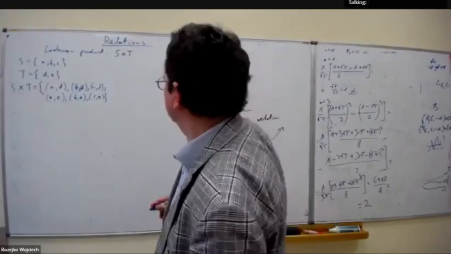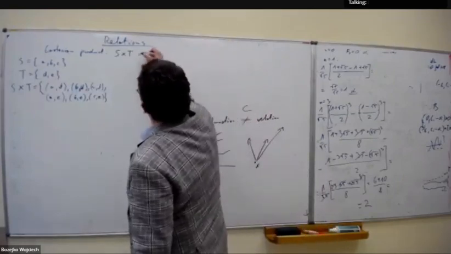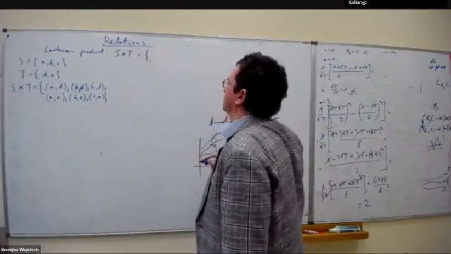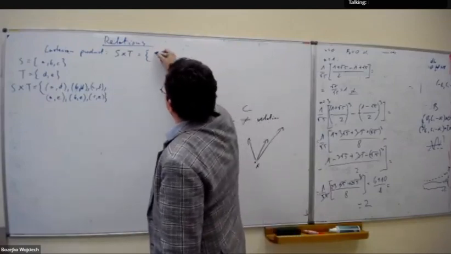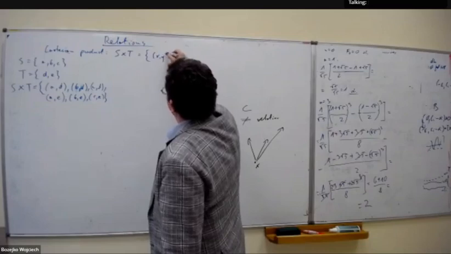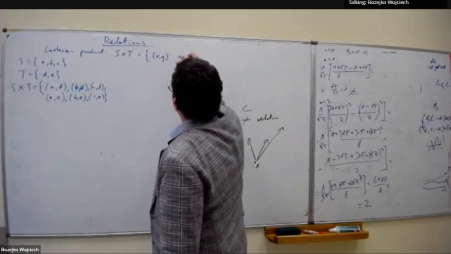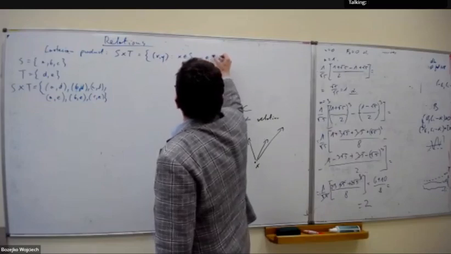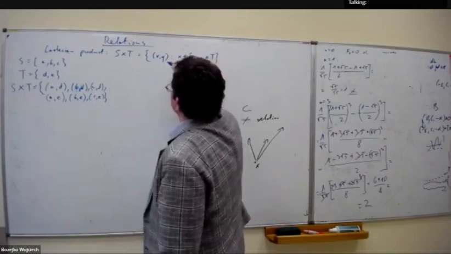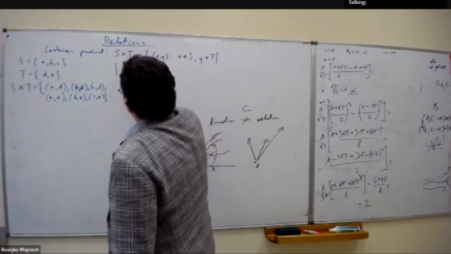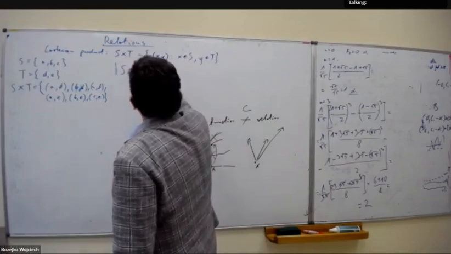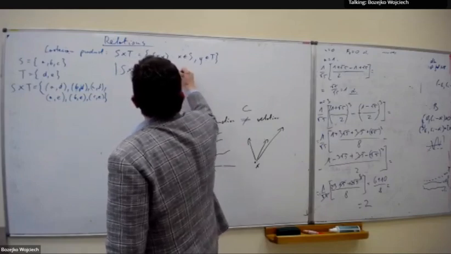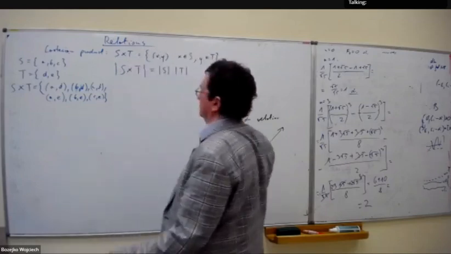This is quite easy, because the definition is like this: a set of pairs, such that X belongs to S and Y belongs to T. The size of such a set, because this is also a set, is the size of S times the size of T.